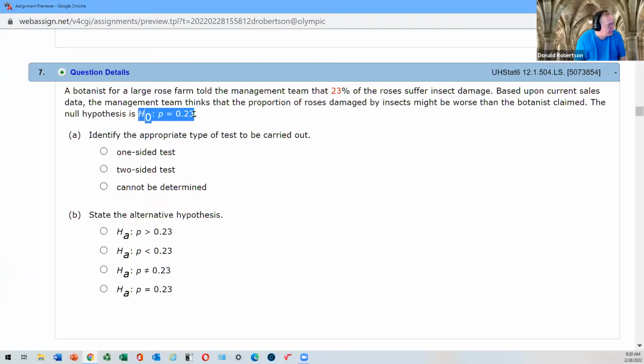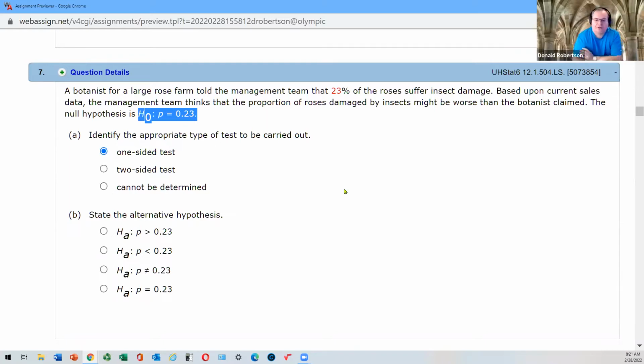There is the null. It's 23%. That's what the botanist says. The company, or the factory, whatever you want to call it, has got the roses. They think it's worse. Is that going to be a one-sided or a two-sided test? Is it one-sided? Yeah. We think it's worse.